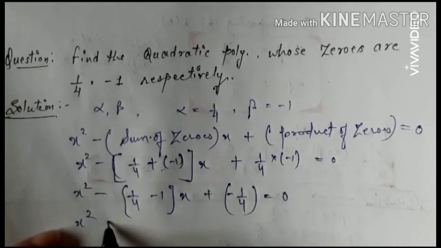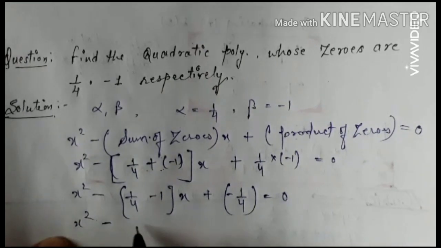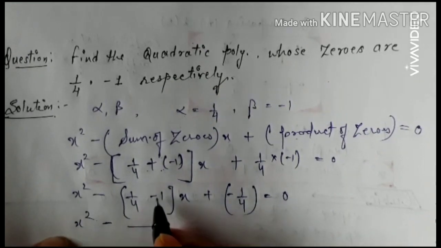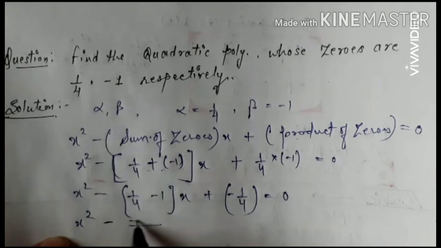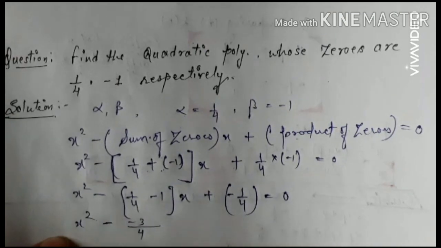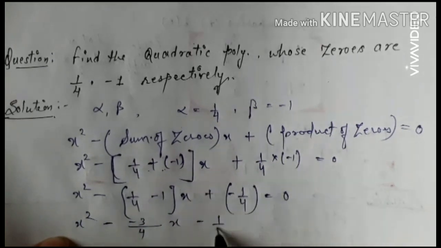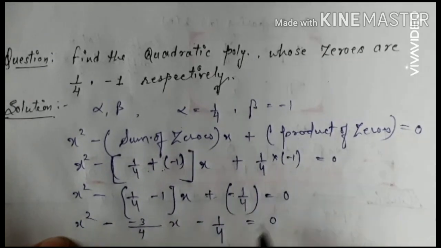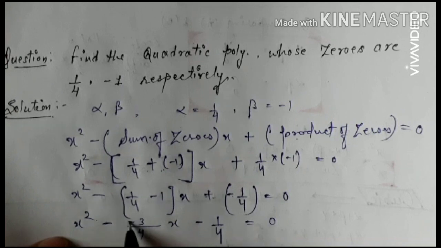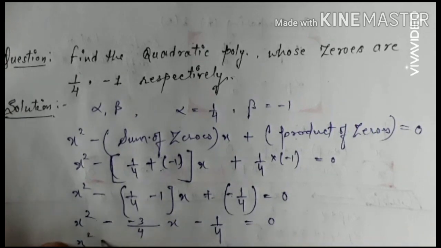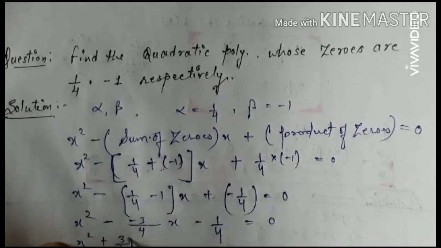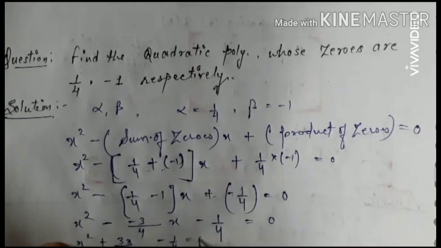Here x square minus, simplify this one, that means minus 3 upon 4, and here x, and here minus 1 upon 4, plus minus minus, and equal to 0. Minus minus plus, so x square plus 3 upon 4 x minus 1 upon 4 equal to 0.